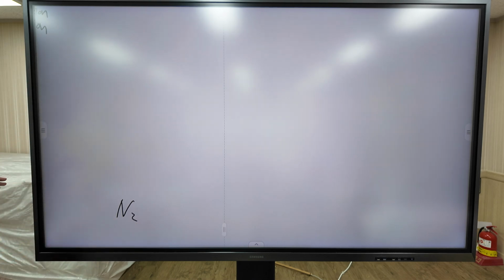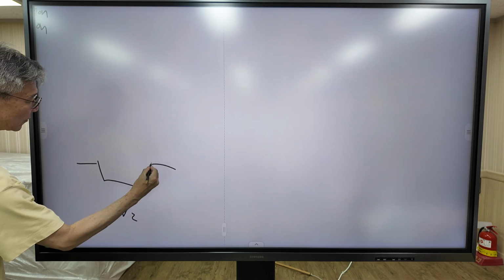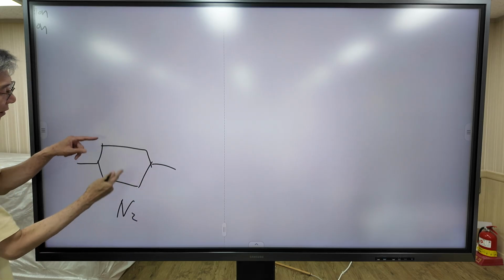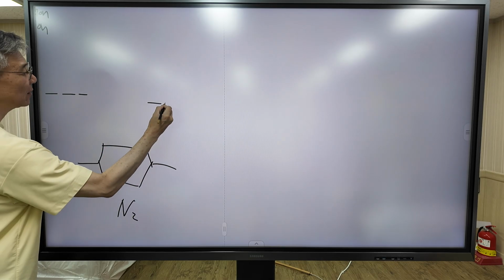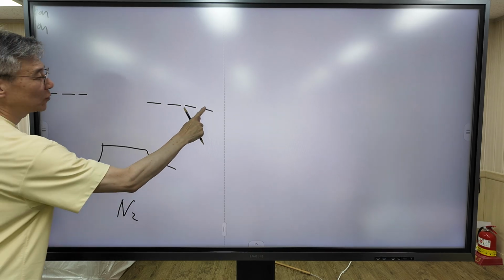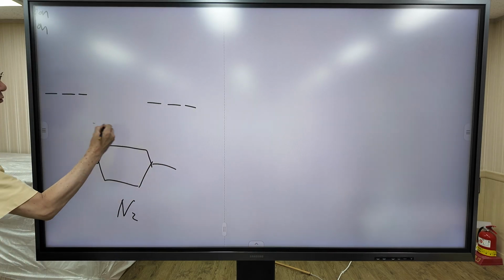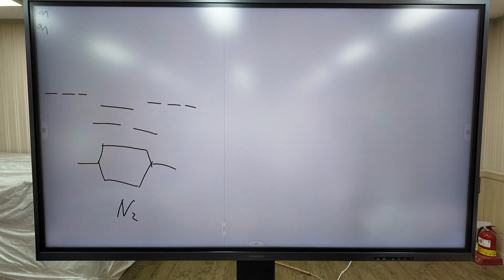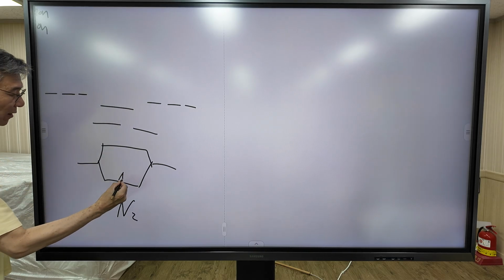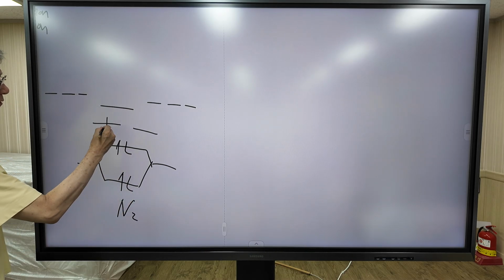This is the 2s orbital, which forms a bonding orbital and an anti-bonding orbital. We have p orbitals. Due to sp mixing, the pi orbital appears first, and then the sigma orbital. So electrons occupy these orbitals.